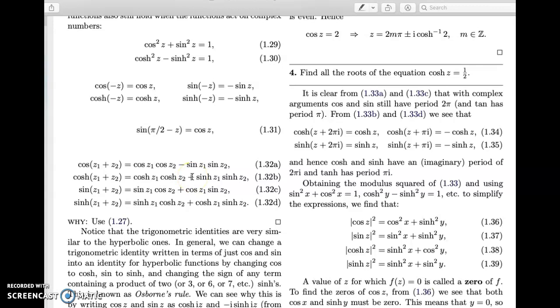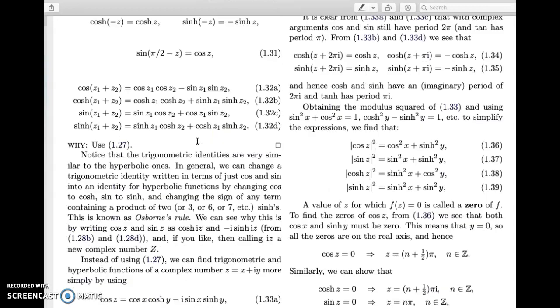Otherwise you don't. In fact, it's a product of two sines, or 3 or 6 or 7. But normally you just see it with two sines in identities like this. I'll leave it as something you can try to see why that is, but I've given you a bit of a hint about how you can show that.